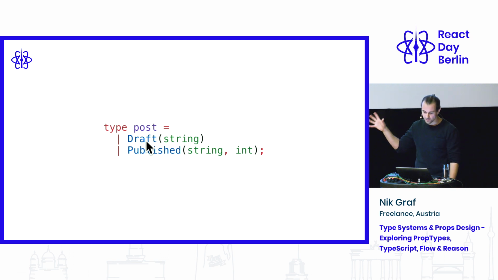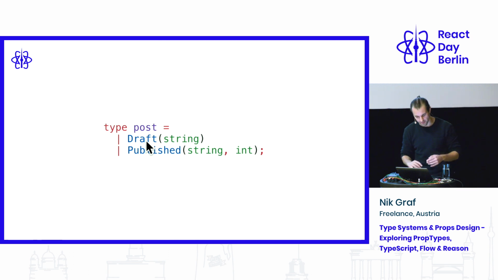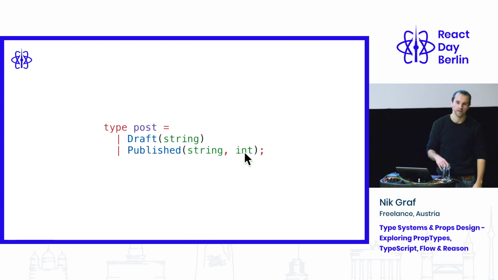They're not like object or class constructors. Just call them tags. That's fine. But you can not only say it like an enum is like this or that, but you can also say it's this or that, but with something in it. So you describe there's a string in there. There's no native date type in Reason, so I just use a timestamp, which is fine.